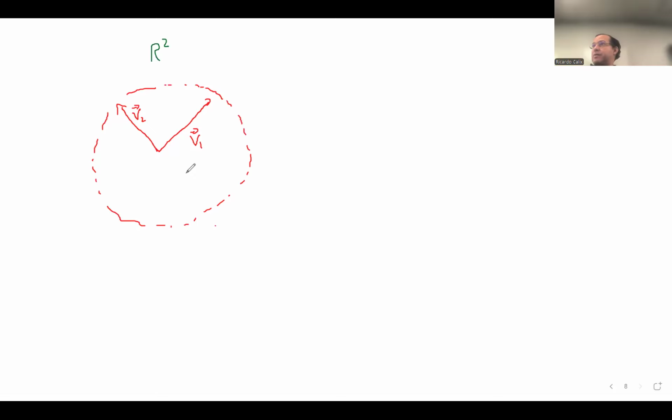The basis of the vector space. And what do you do to them? You rotate them and you stretch them. Do you see that? And so effectively, you create a new vector space.